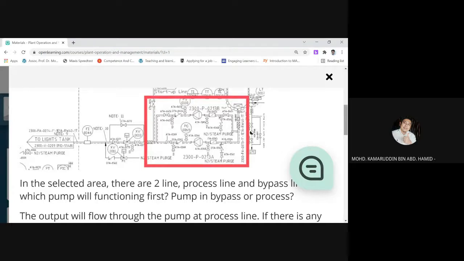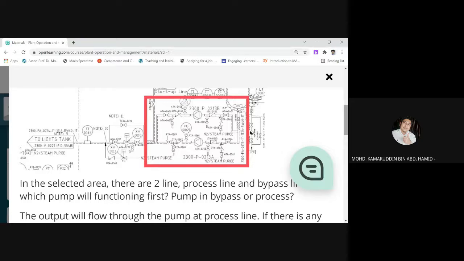Kenapa pressure related equipment kita kena ada backup, whereas temperature related equipment no need to have a backup? The reason is not because the temperature is quite expensive, no. And it's also not because of the safety, Kenzo. The reason is because when you're talking about pressure, is there any utility that you can use to increase or decrease the pressure?